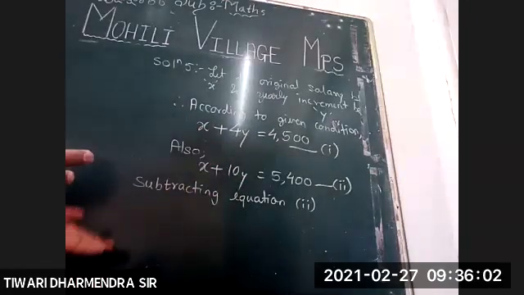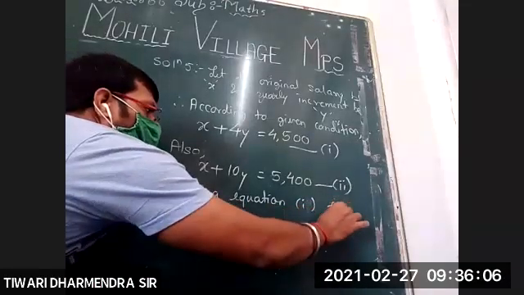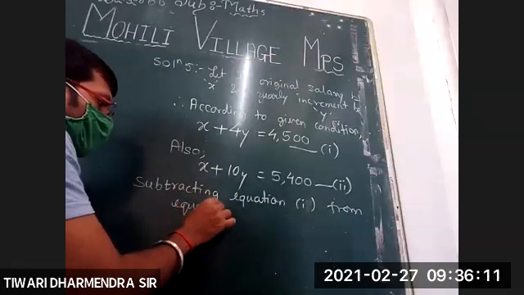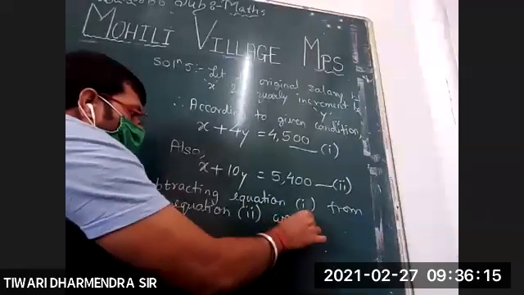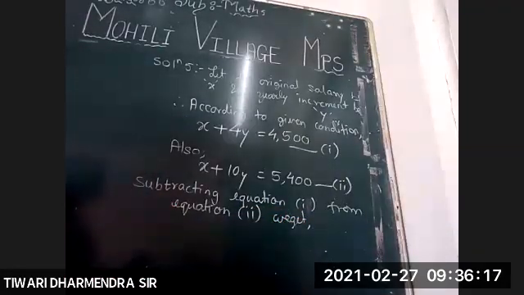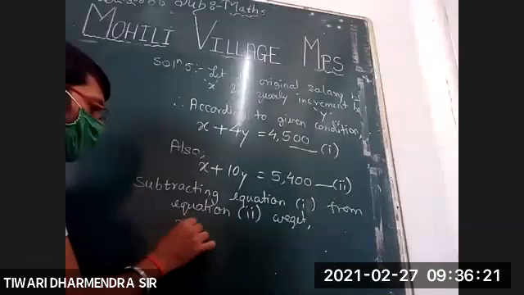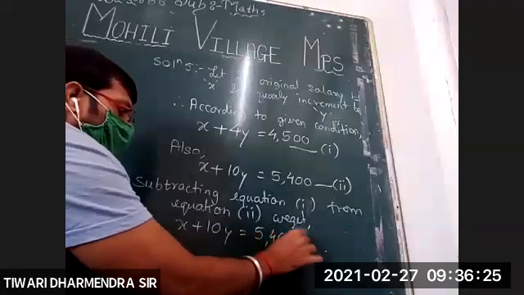Better subtract 1 from 2. Subtracting equation 1 from equation 2, we get X plus 10Y equal to 5,400.